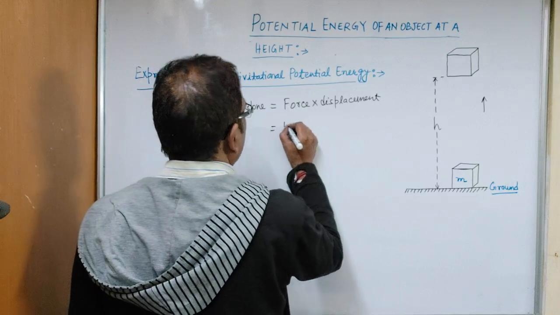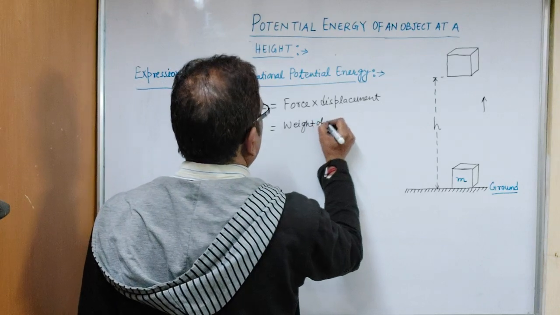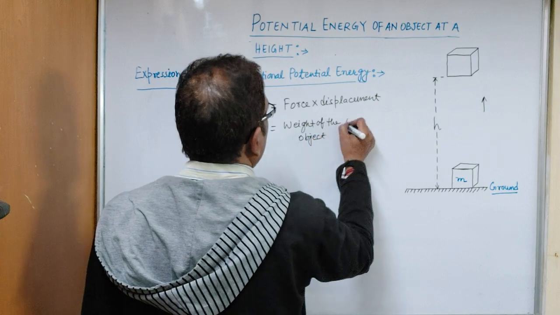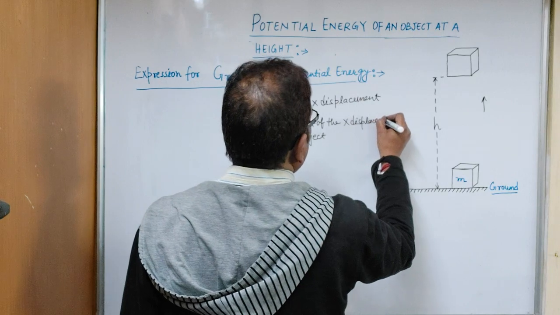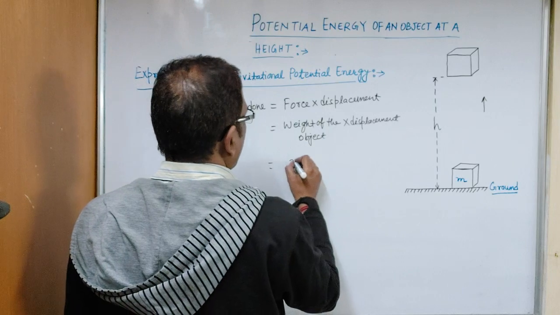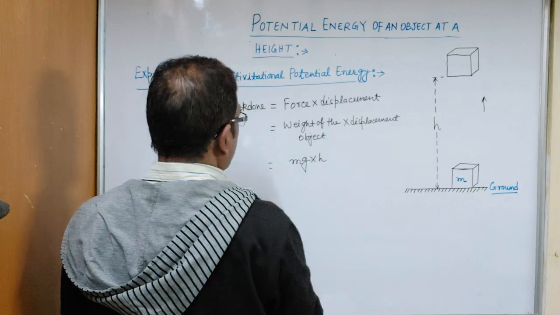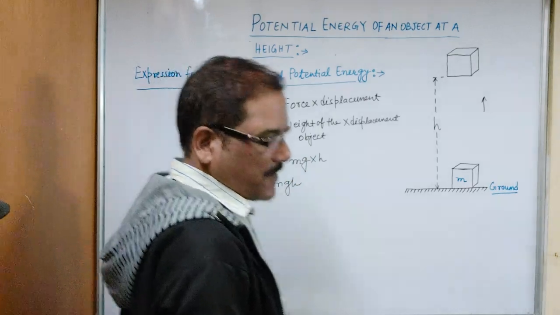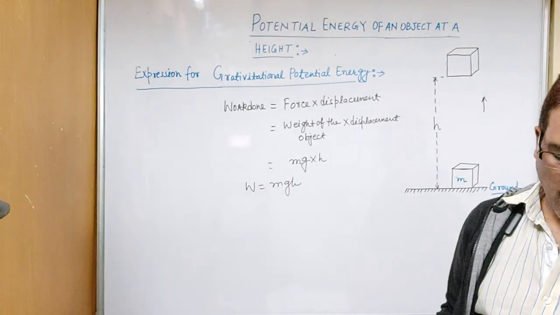Now this force is equal to weight, in this case the weight of the object, into displacement. Now how much is the weight of the object? Weight is equal to mg and displacement is h. So we can write W is equal to mgh. Right?